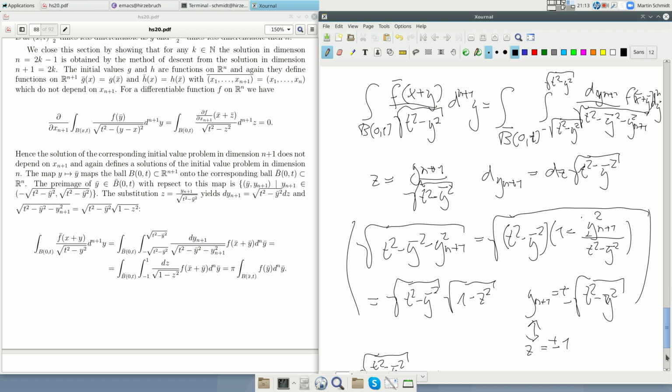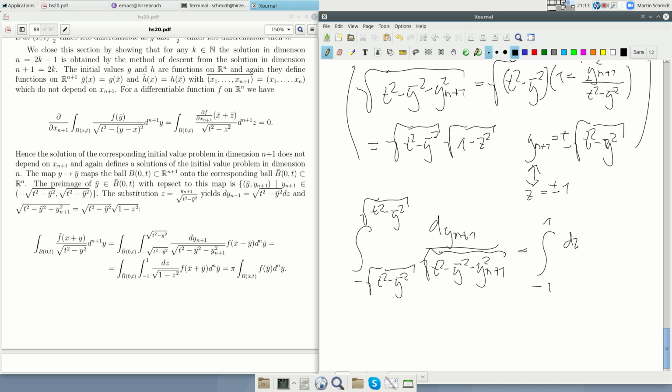Yeah, this is dz times the square root of t square minus y bar square. And this whole term is just the square root of t square minus y bar square times the square root of 1 minus z square.